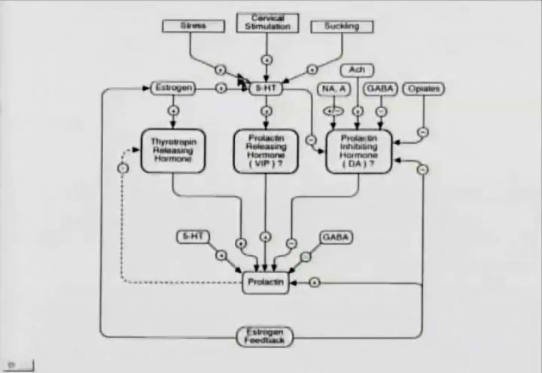So here we see this in the illustration. Sensory input, either cervical stimulation or suckling, and of course stress, all have a gas pedal-like effect, or excite serotonin neurons, increasing the release, and the serotonin will excite prolactin-releasing hormone, possibly VIP, and that will drive the release of prolactin.